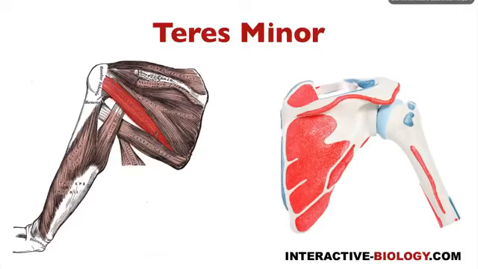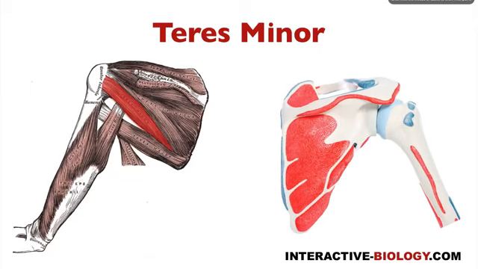Then we're going to look at the third one, which is Teres minor, and you can see Teres minor over here. I didn't show infraspinatus on the previous picture like this, but infraspinatus is right here. Teres minor right here is going to be slightly inferior to most of infraspinatus. Here we have the lateral border of the scapula.